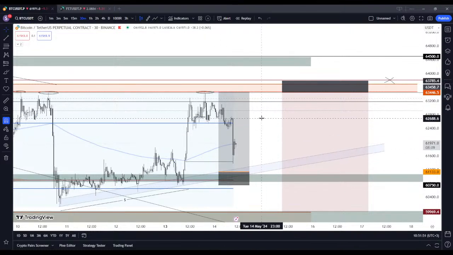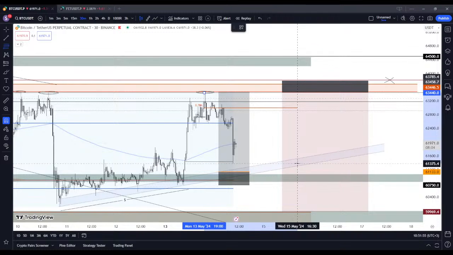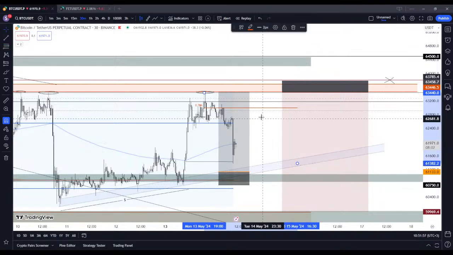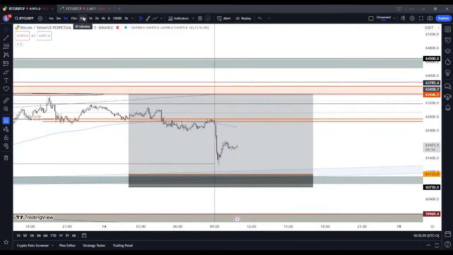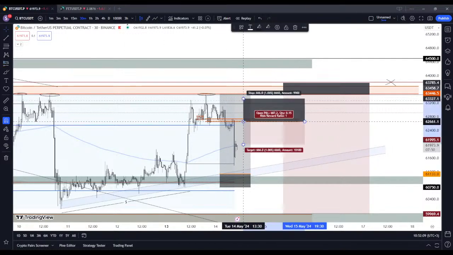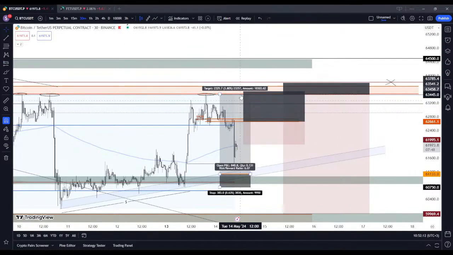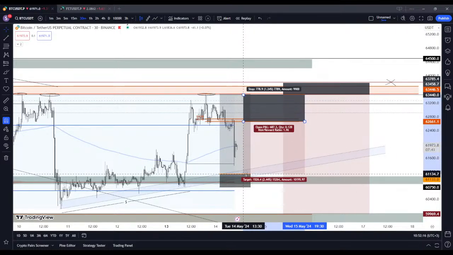So here, there is a pretty high probability that we will reject daily open again. Fractal wise, we might get a W here, but this area will be a shorting opportunity again until we retest this area.